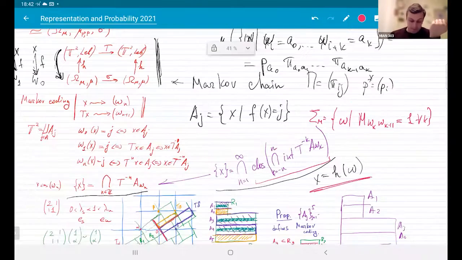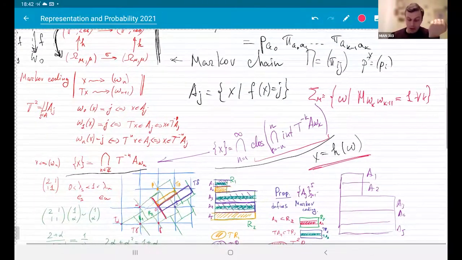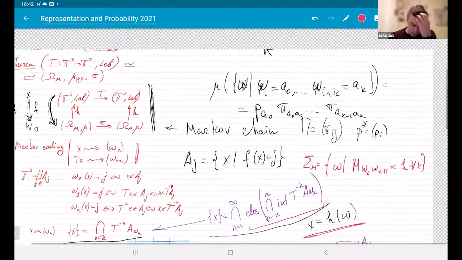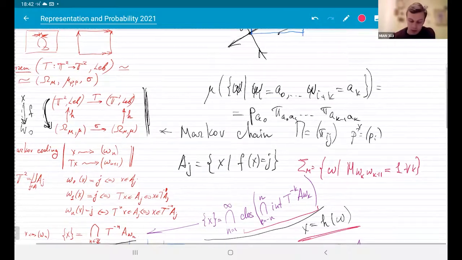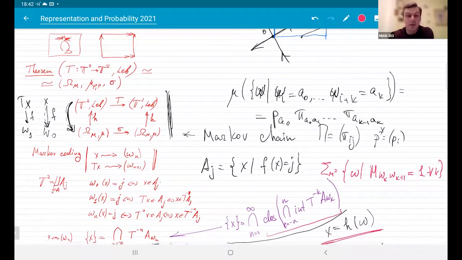Okay, so it works, and let me conclude the proof of our theorem. In fact, it is also clear that this H is a continuous map.